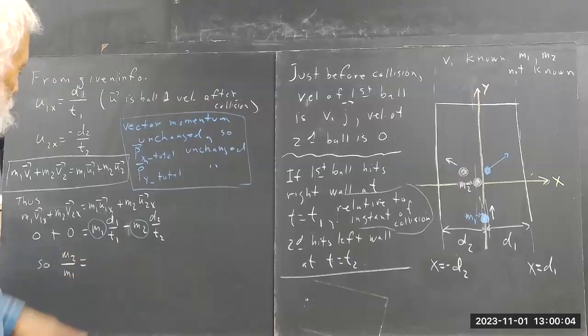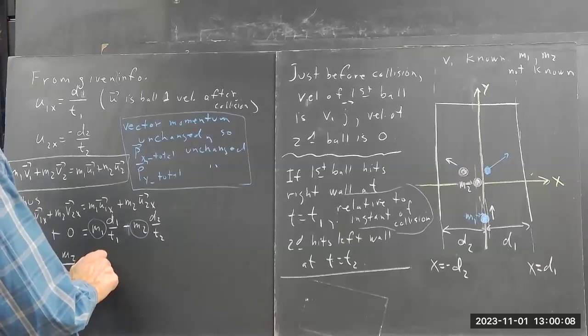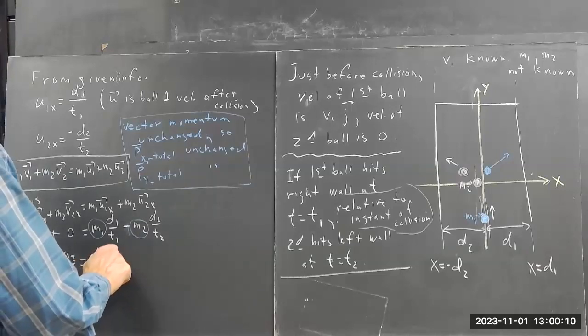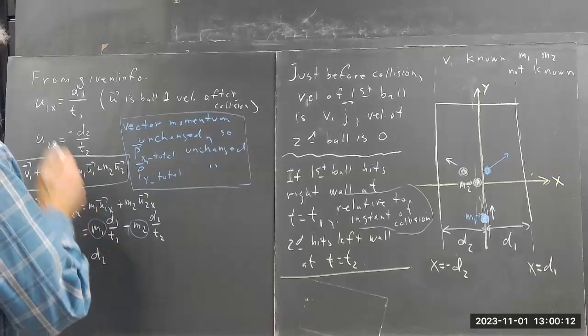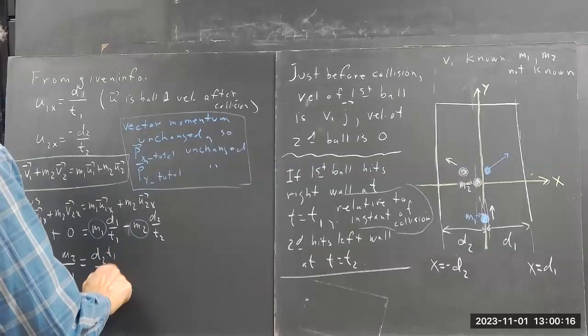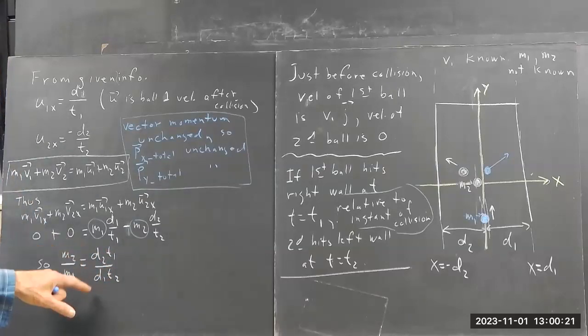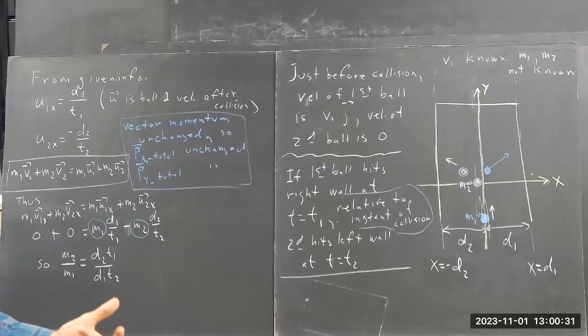And then divide by this side, you're going to get D2 T1 over D1 T2. I think I've got those right. And rather than going back and writing out the steps here and being really careful, I'm just going to check it against common sense here in a minute. Okay.